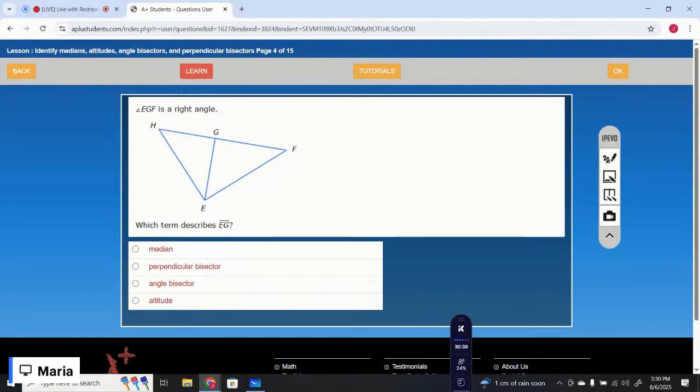Angle EGF is a right angle. Which terms describe EG?